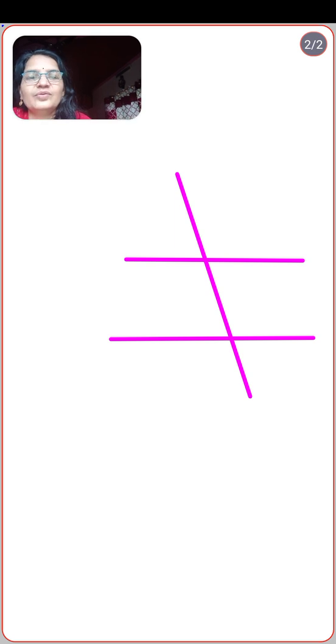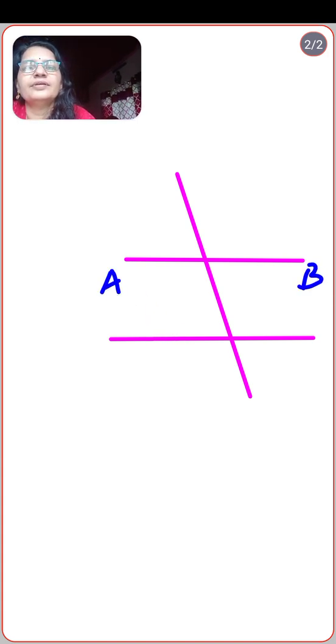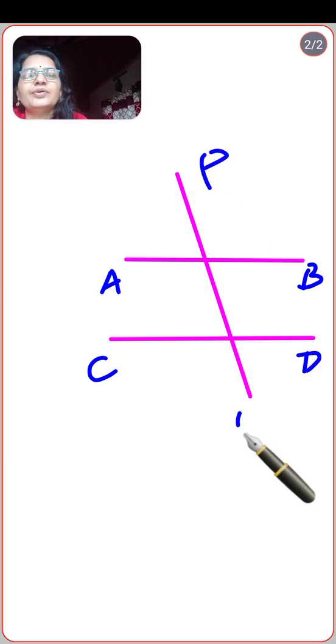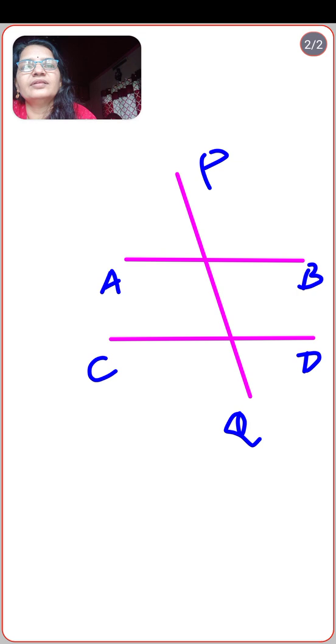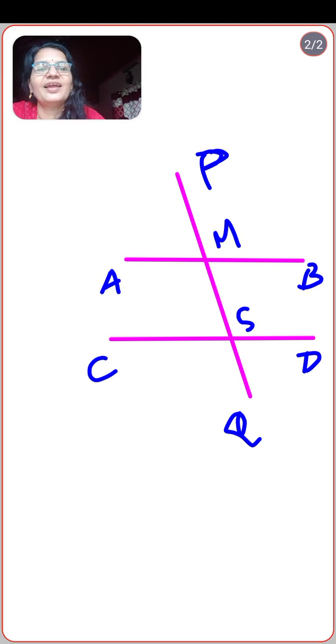We can give names for the lines. A, B, C, D, and PQ is the transversal. PQ is the transversal which cuts AB at M and CD at S.